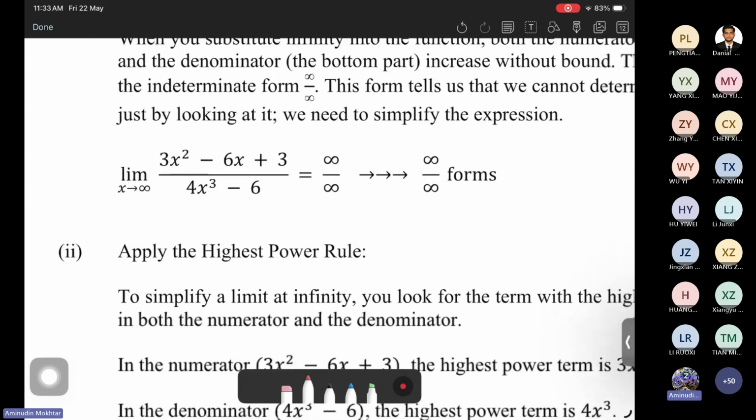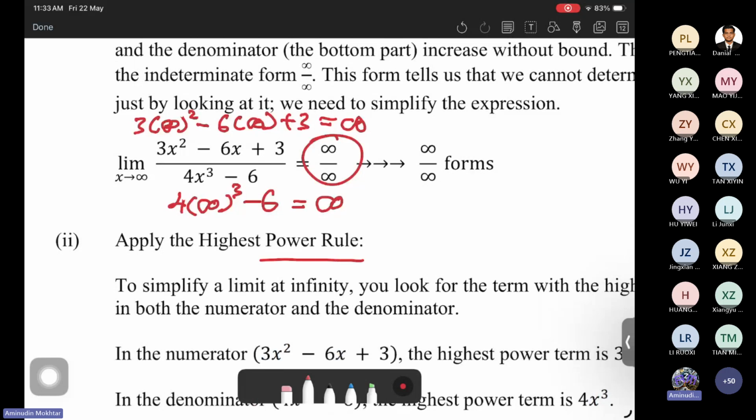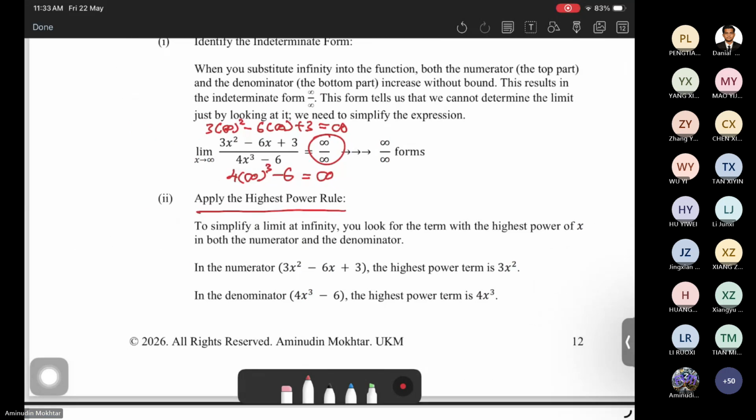what we can do is just apply the highest power rule. What does it mean? The highest power rule is to simplify a limit at infinity. In order to simplify the limit, we just look for the term with the highest power of x in both the numerator and denominator.